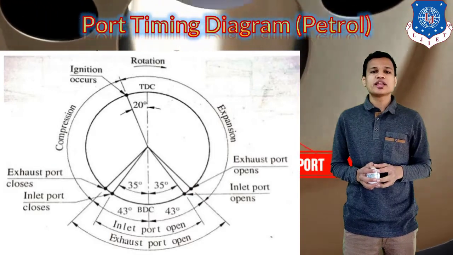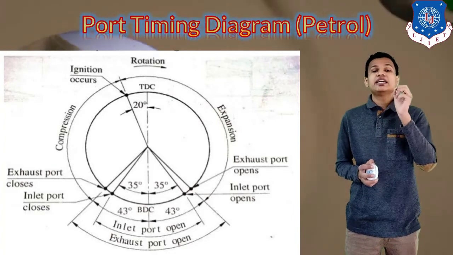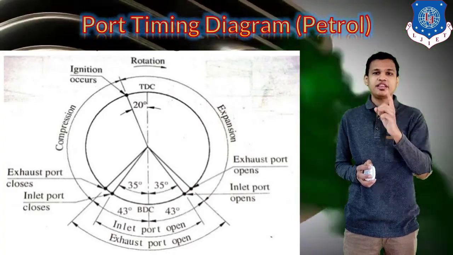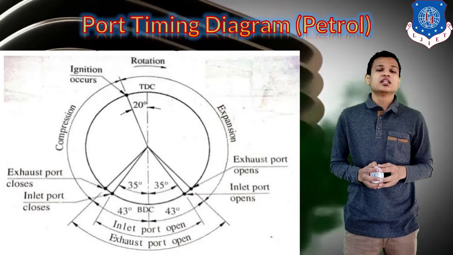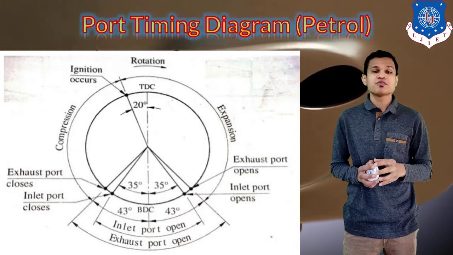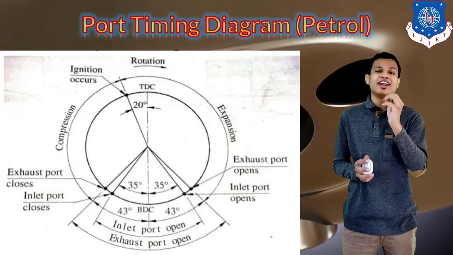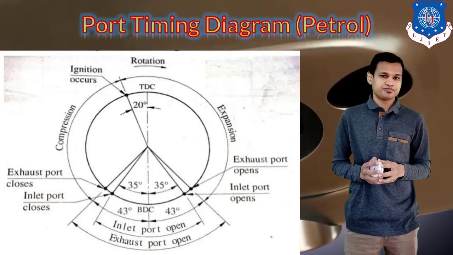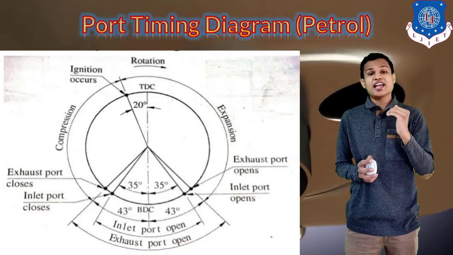One thing you can also see is the ignition, right? See at the top left side, the ignition, which means the spark in the two-stroke petrol engine, will be given 20 degrees before TDC.